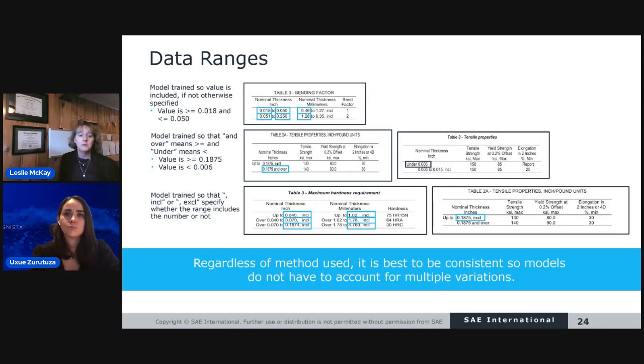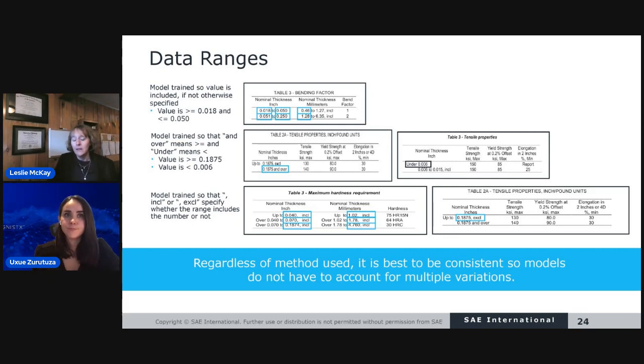Sometimes it'll use the comma INCL to show that it's inclusive. Sometimes it has comma EXCL to show it's exclusive. Sometimes it uses phrases like "and over" or "up to" or "under." Just a lot of inconsistency in data ranges and how they're depicted.